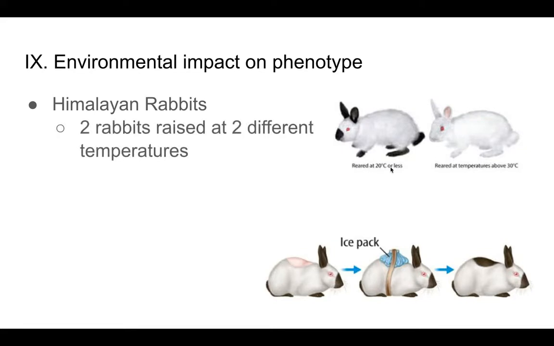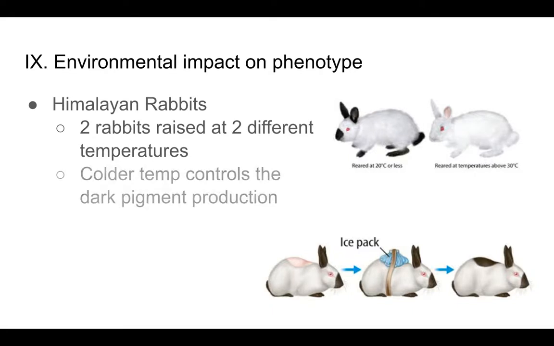They raised them in a really cold environment, and then in a warmer environment. And what they found is that those that were raised in colder temperatures developed dark pigments on their extremities, so their ears, their nose, and their feet.